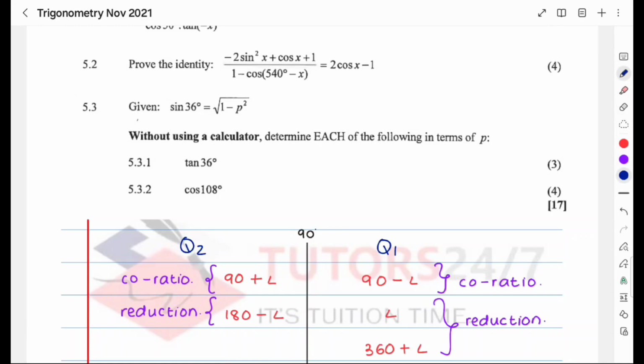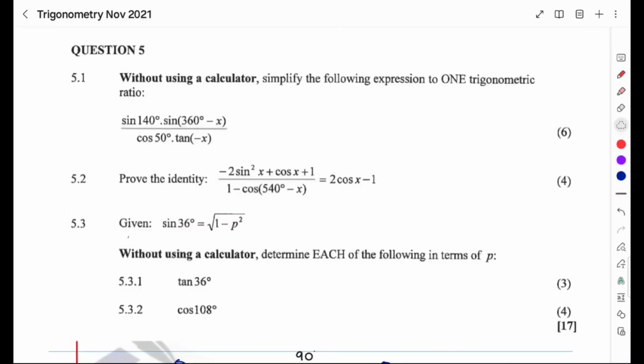We know what is the hypotenuse of the triangle. Because we have two known sides of a right-angled triangle, that will allow us to find the third side using the theorem of Pythagoras. So this is a diagram question. We're going to use the diagram to then solve for question 5.3.1 and 5.3.2.